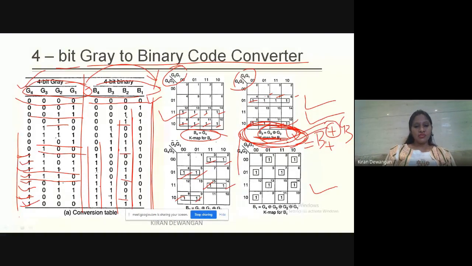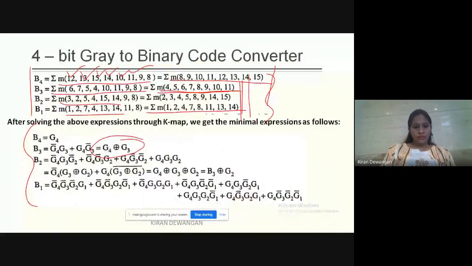In this one, we are not able to find any quad. We have 4 pairs. So here we have written all the 4 pairs and we have reduced the expression. After reduction, we are getting this as G4 XOR G3 XOR G2.